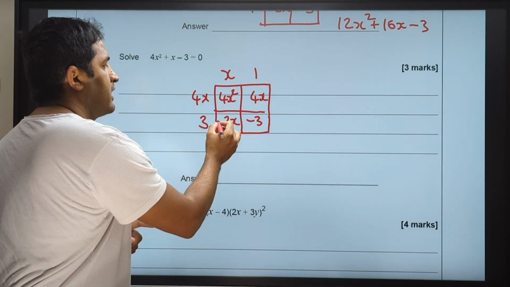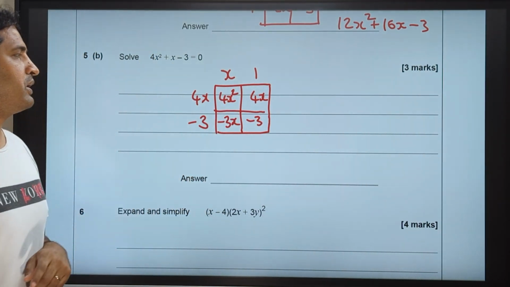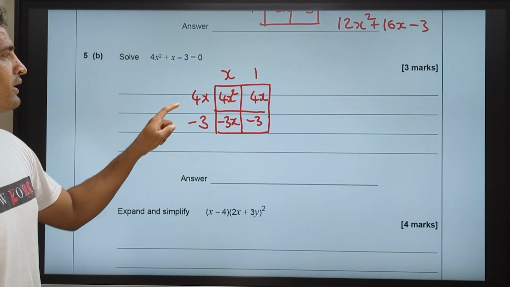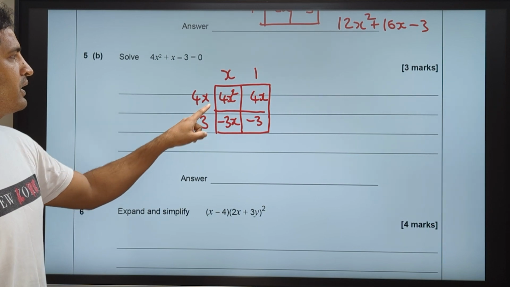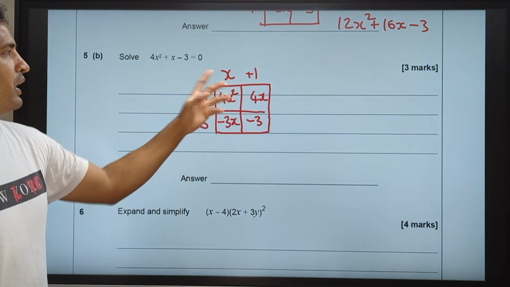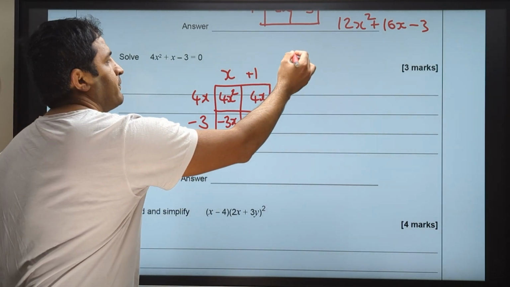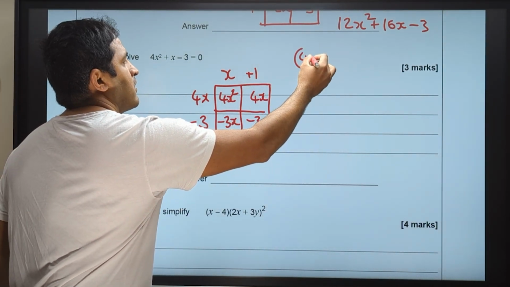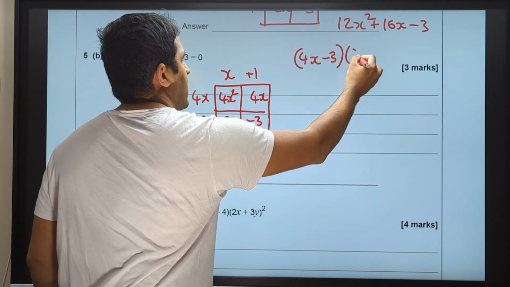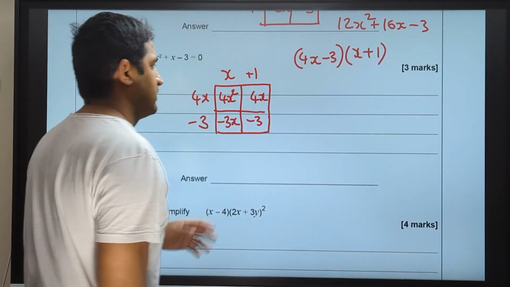So that has to be negative, which means this one has to be negative, because 4x take away 3x gives you 1x. So we get one side 4x take away 3, and the other one has to be x plus 1. So those are the two factors we get: 4x minus 3 multiplied by x plus 1.